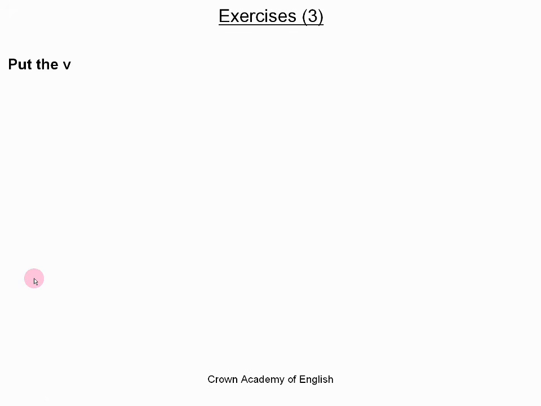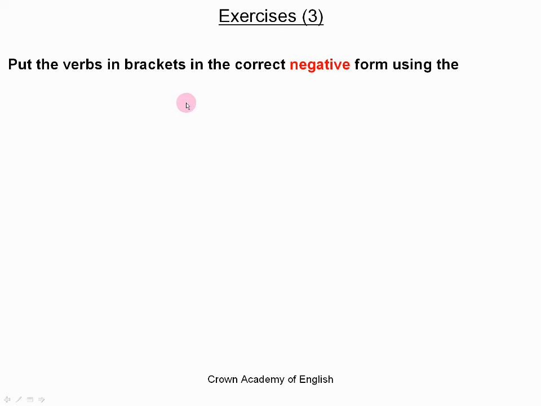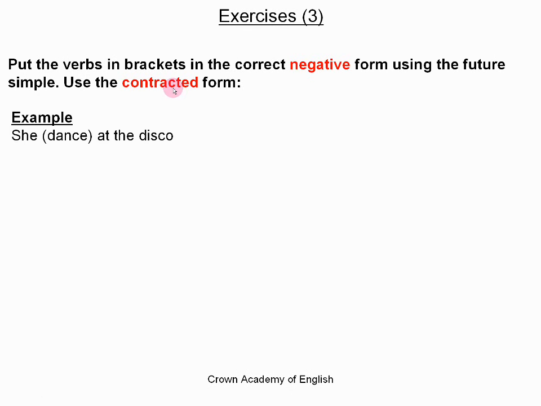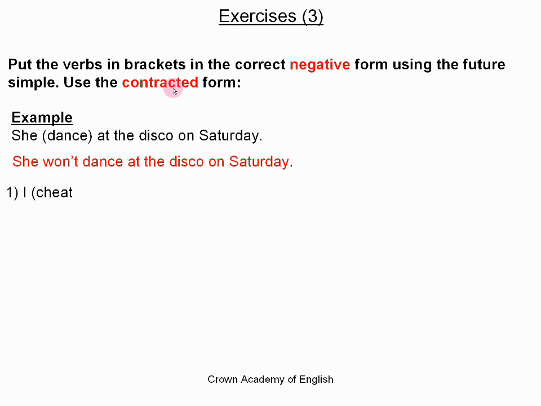And the last exercise is, this time I would like you to use the negative, and also the negative using the contracted form. Example. So here the answer is, she won't dance at the disco on Saturday. So question 1.